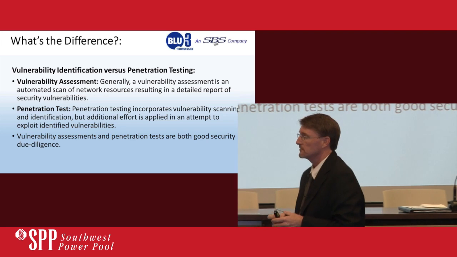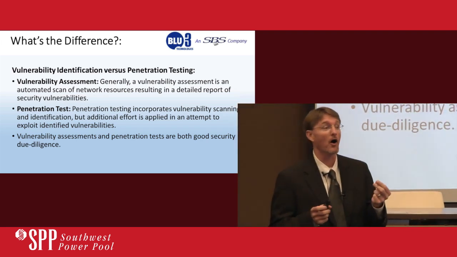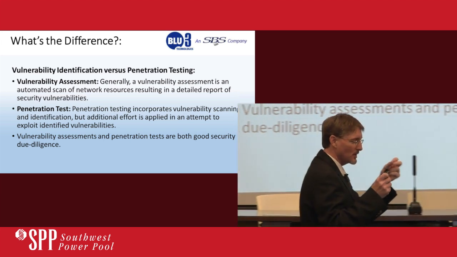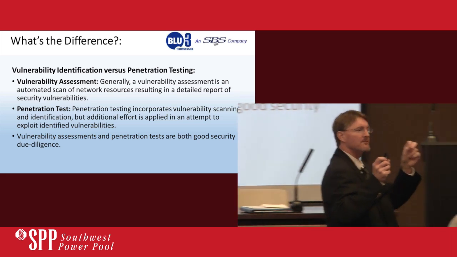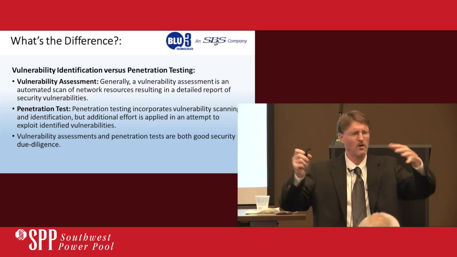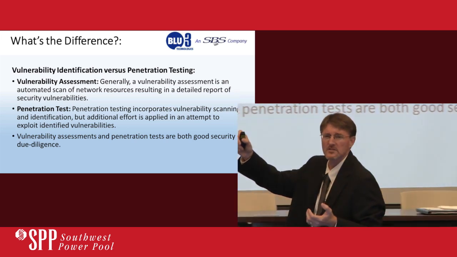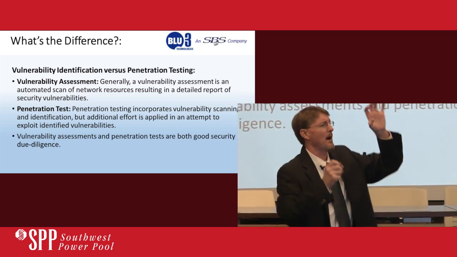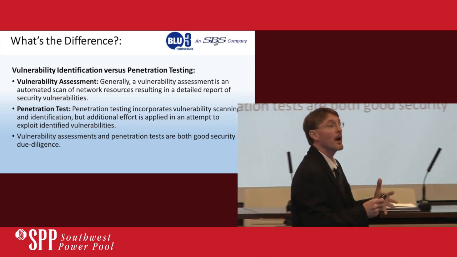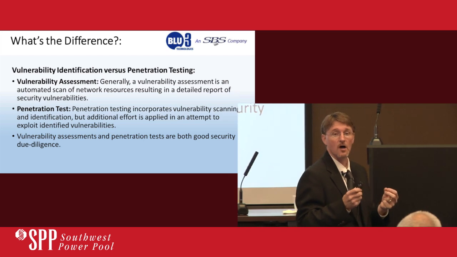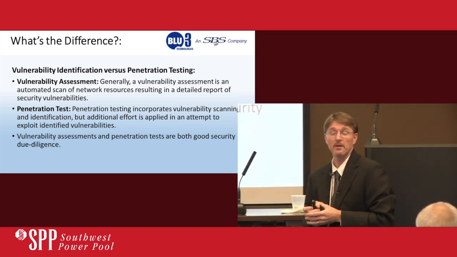Vulnerability assessments, by definition, are where we take a tool set that's pretty smart, and it has written into its programming logic a bunch of vulnerabilities. We find a target, whatever that target is. We talked about SCADA systems today. It might be a target like a website, might be a group of IP addresses, might be publicly accessible IP addresses, might be internal IP addresses. Either way, we're taking a very smart piece of software that has written into its logic a bunch of vulnerabilities potentially that can be identified.